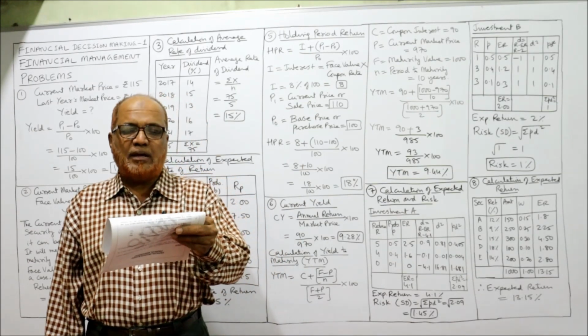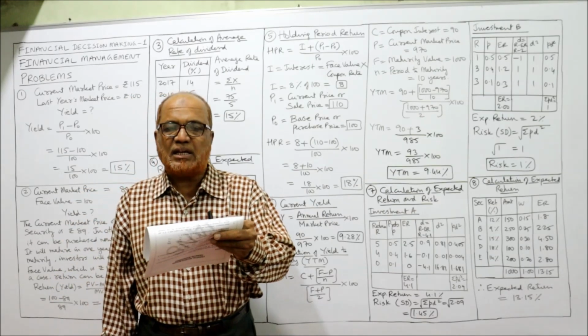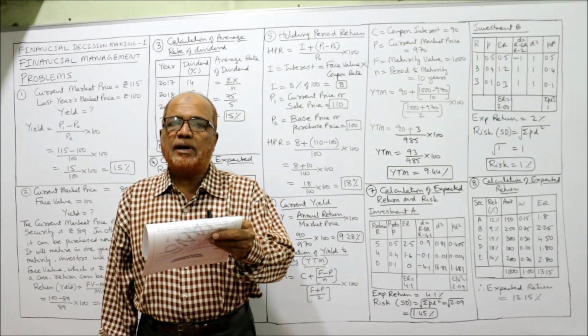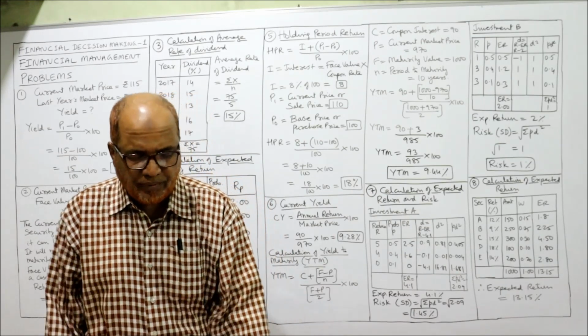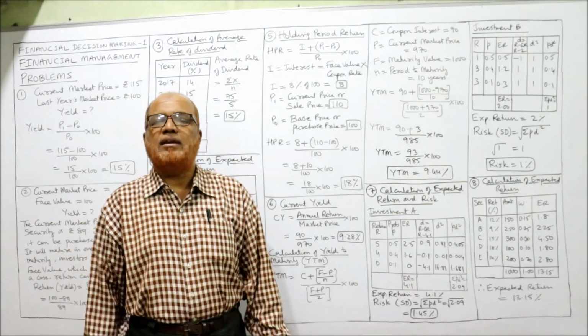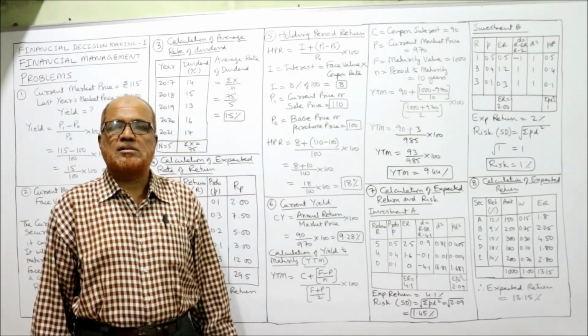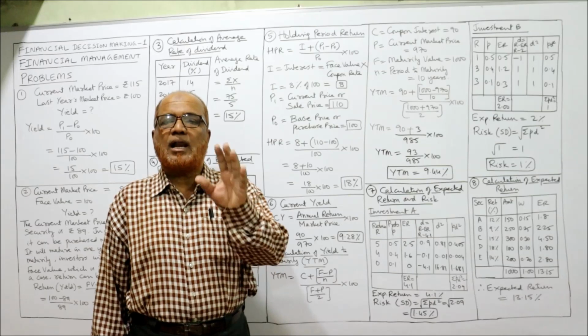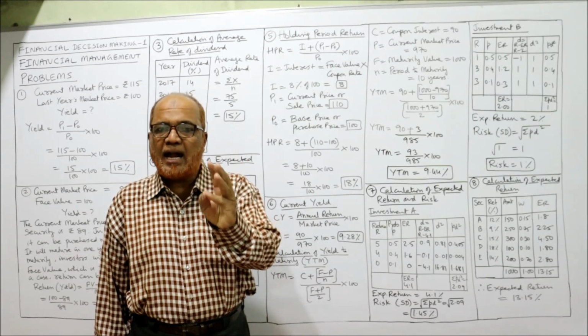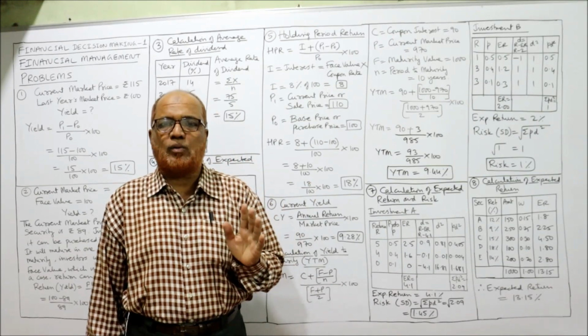Returns on investment B: 3 returns are given, 1, 3, 3. And the probabilities are given: 0.5, 0.4, 0.1. When probabilities are given, it means the future returns, ex ante returns. So we are required to calculate the return and risk of each of the securities.